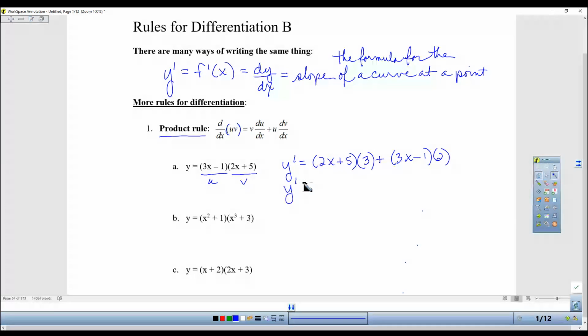That's the product rule. I'm going to simplify that real fast. Plus 6x minus 2. And that gives me 12x plus 13. That's the derivative.